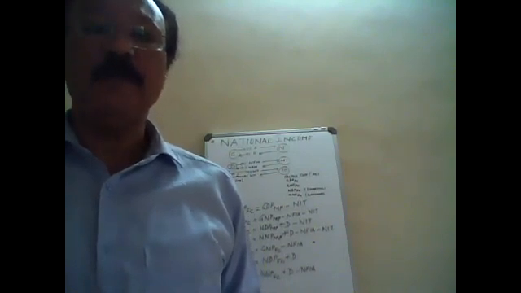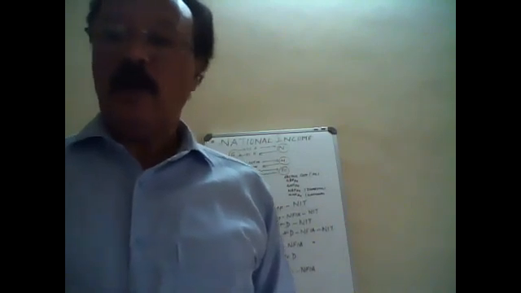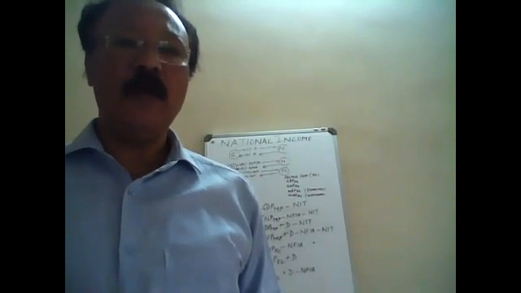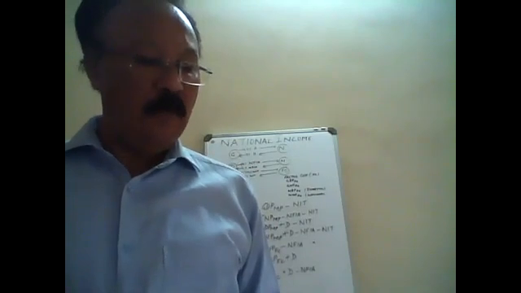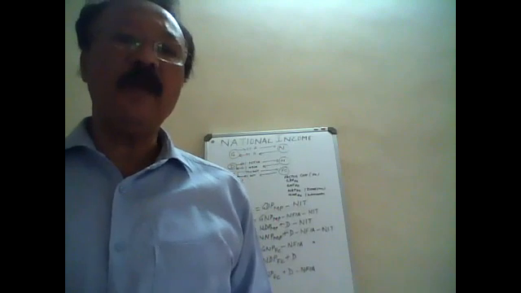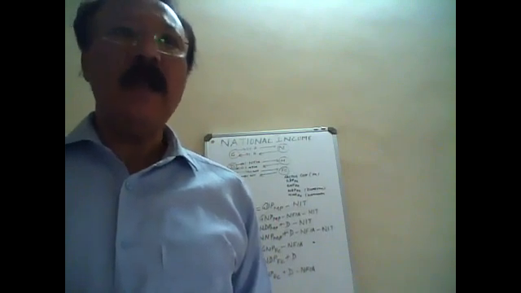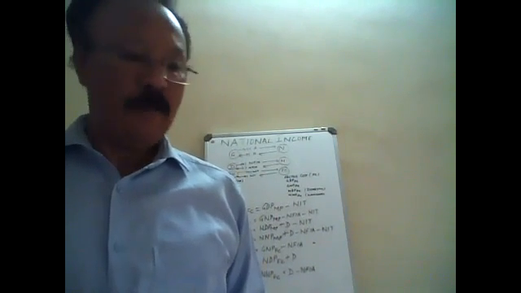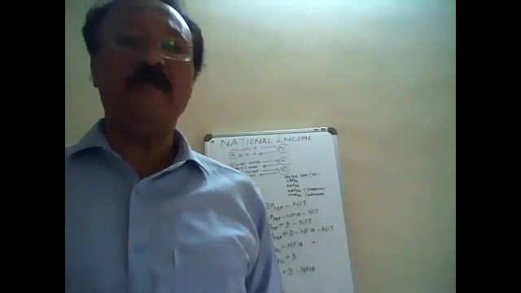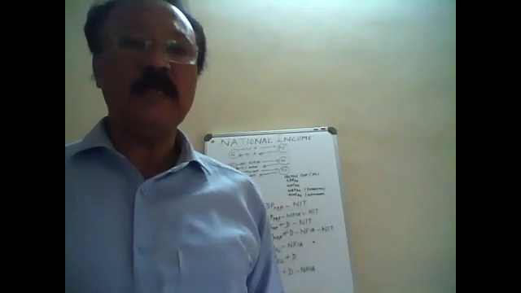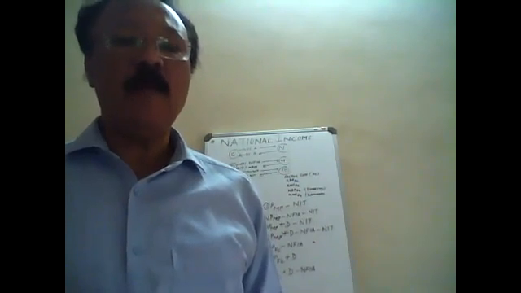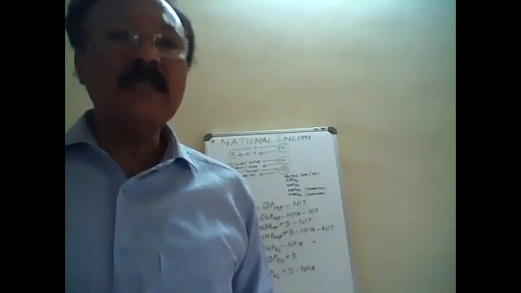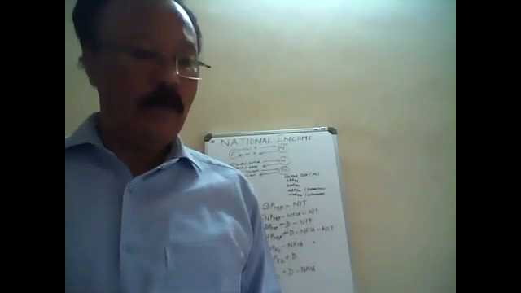That was the first. The second was domestic to national, domestic product to the national product. From the domestic, if in the domestic we add the net factor income from abroad, we would come to national. And how do we get net factor income from abroad? In my earlier classes, I said net factor income from abroad is equal to income from abroad minus income to abroad.